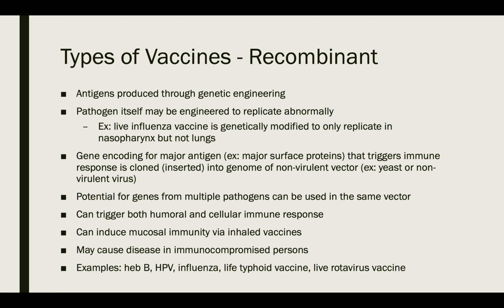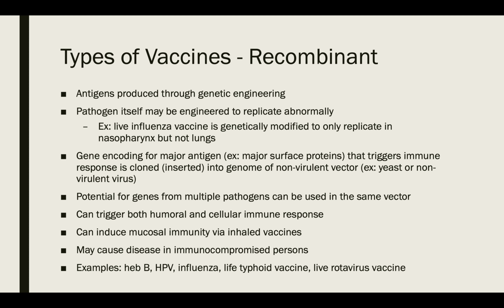So with this influenza vaccine, you inhale it, and it's a live vaccine, and it's going to replicate in your nasopharynx. It's not going to cause disease, and it's not going to move on to your lungs where the worst disease response to influenza is.